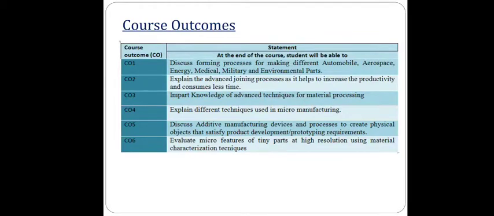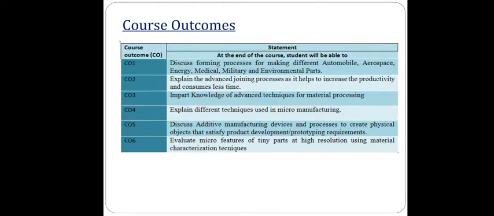Next are the course outcomes. After completion of this course, students should be able to achieve these 6 COs. First, students should be able to discuss the forming processes for making different automobile, aerospace, energy, medical, military and environmental parts. Students should be able to explain the advanced joining processes, as they help to increase productivity and consume less time. Also, students should be able to discuss and impart knowledge of advanced techniques for material processing.